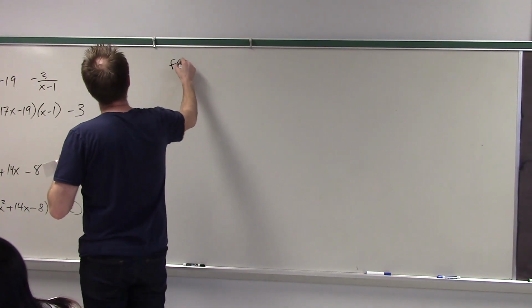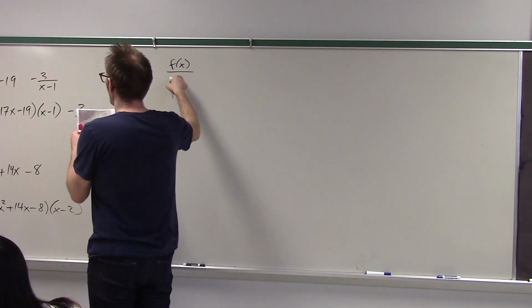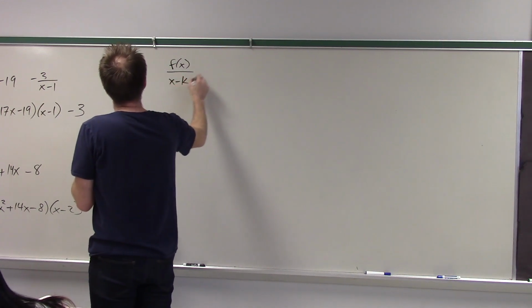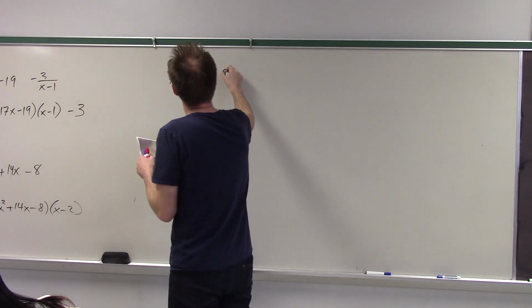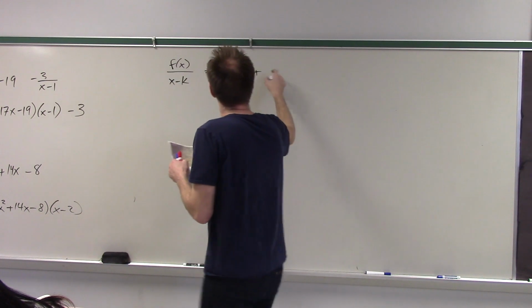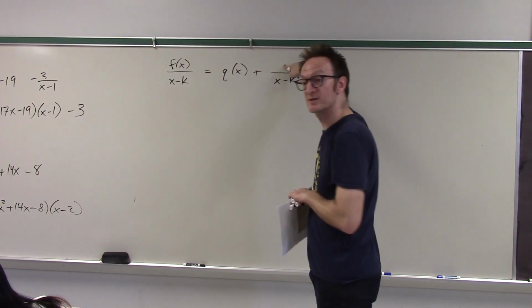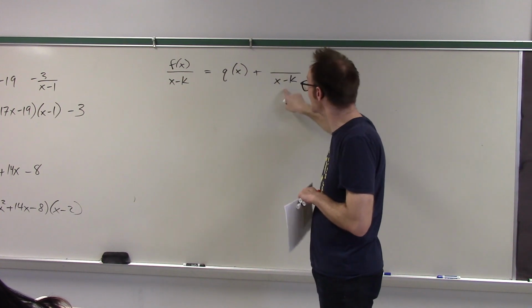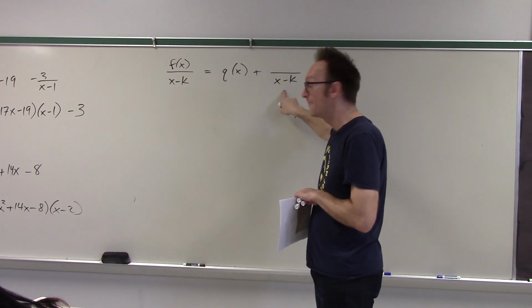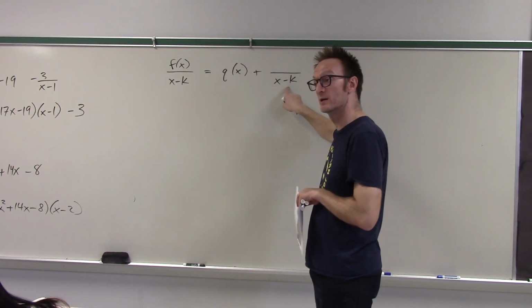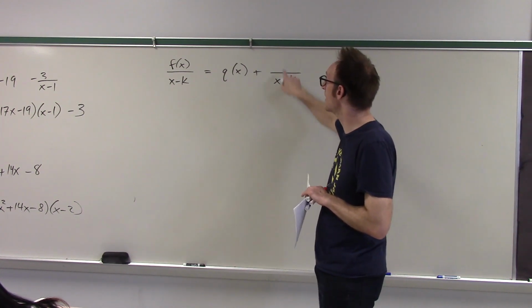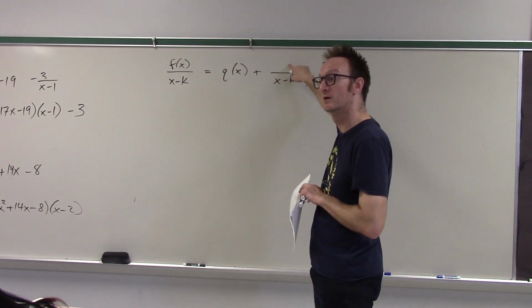So wait, what I'm about to say is just kind of a repeat of what I already said, but more generally. If you take a function and you divide it through by x minus k, and you get some kind of quotient and some kind of remainder, we all agreed that the remainder is guaranteed to be a degree less than the divisor, right? But the divisor here is degree 1. So since the divisor is degree 1, what does that tell me about the remainder?